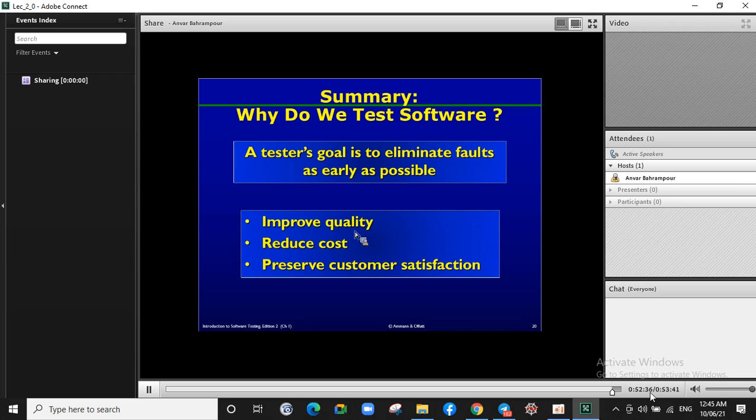At this point, all of you know why we do software testing. A tester's goal is to eliminate faults as early as possible, and this could improve the quality of our software product. This could reduce the cost of our projects and preserve customer satisfaction.